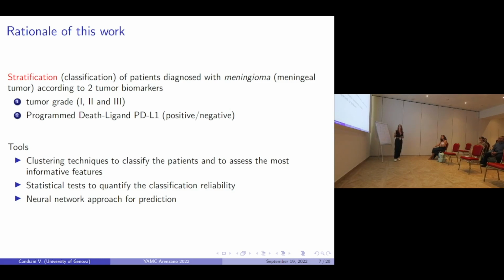The tools that we have used so far, or that we plan to use, are clustering techniques to classify the patients and to assess the most informative features among this big set of 44 features. We have performed statistical tests to quantify the classification reliability, and we are planning, or at least I did it 3 days ago, some tests with neural networks for prediction.